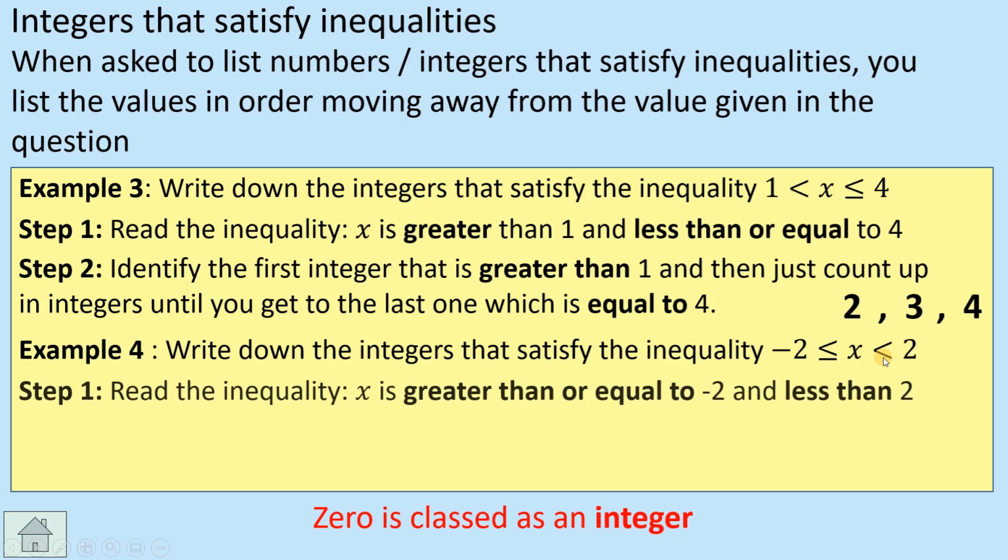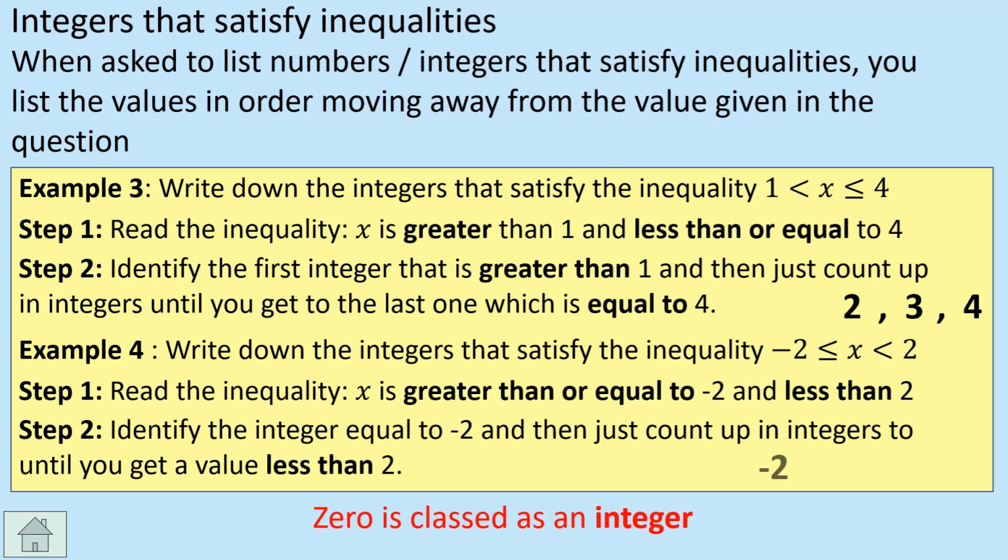So we read that inequality: x is greater than or equal to -2, but less than 2. Counting up like we did before, because it can equal -2, we start with -2, then go up to -1, then 0, and then 1, and because it says less than 2, we cannot include 2. That is our set of numbers for this case.